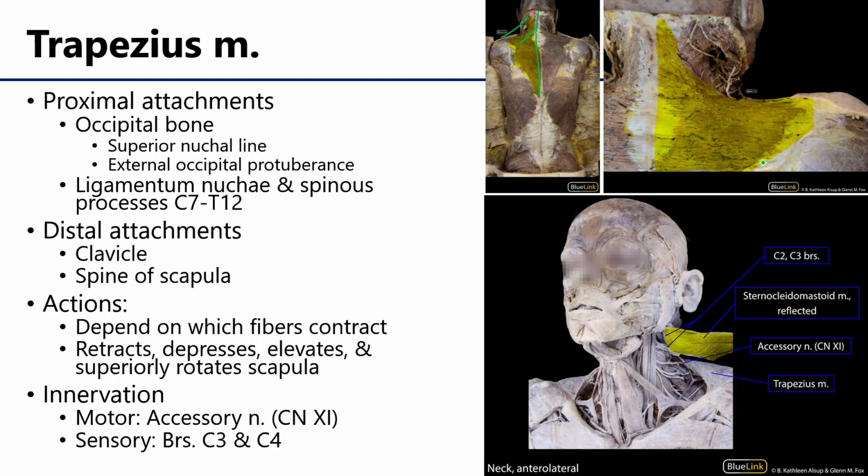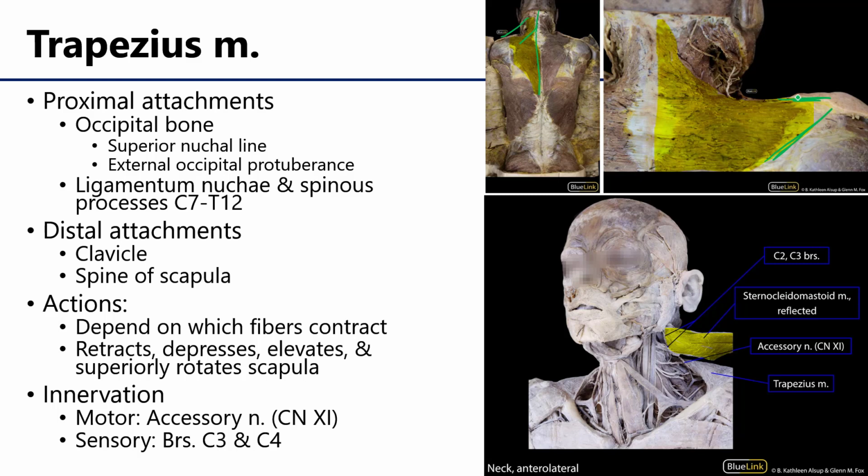So here we can see the spine of the scapula, or the shoulder blade, and it goes out to the clavicle as well. The actions of the trapezius depend upon which fibers are contracting. So, for instance, it may retract, depress, elevate, and also superiorly rotate the scapula.